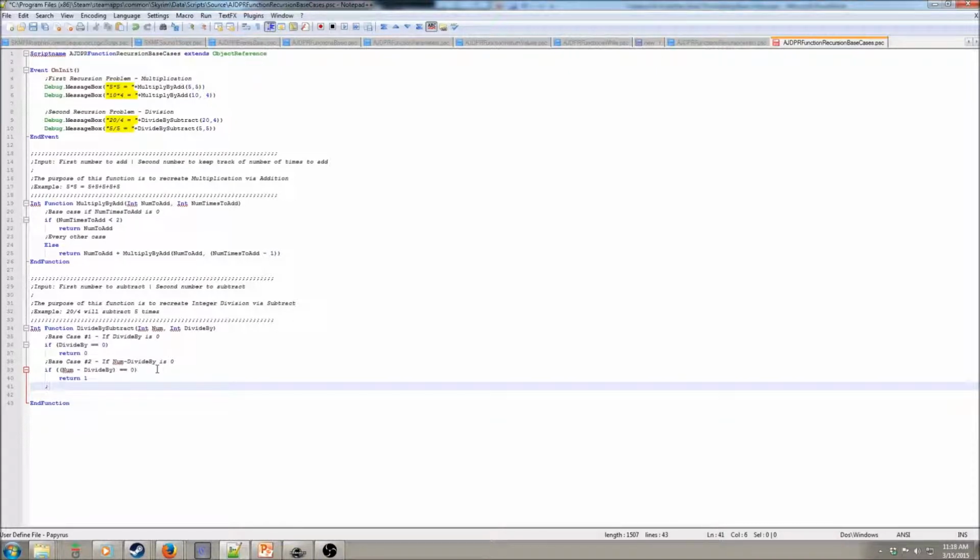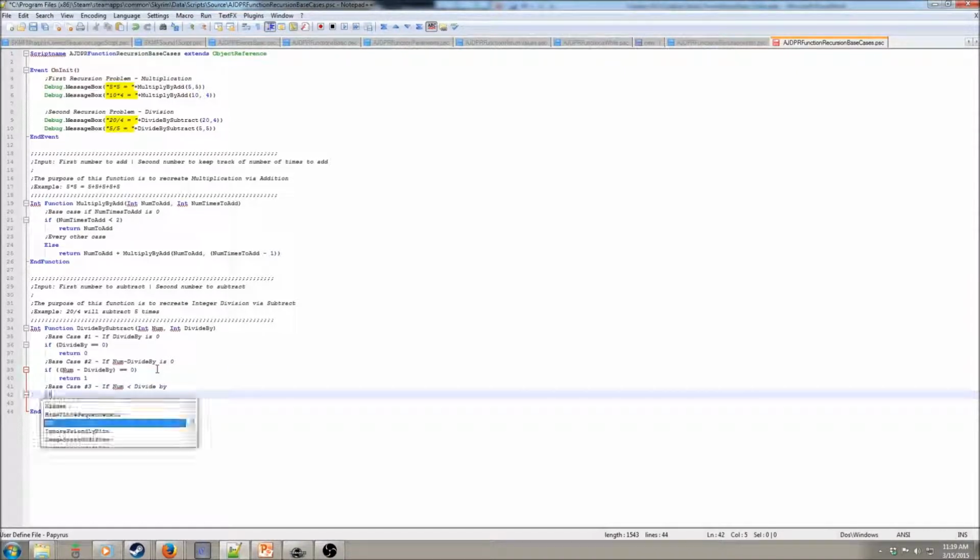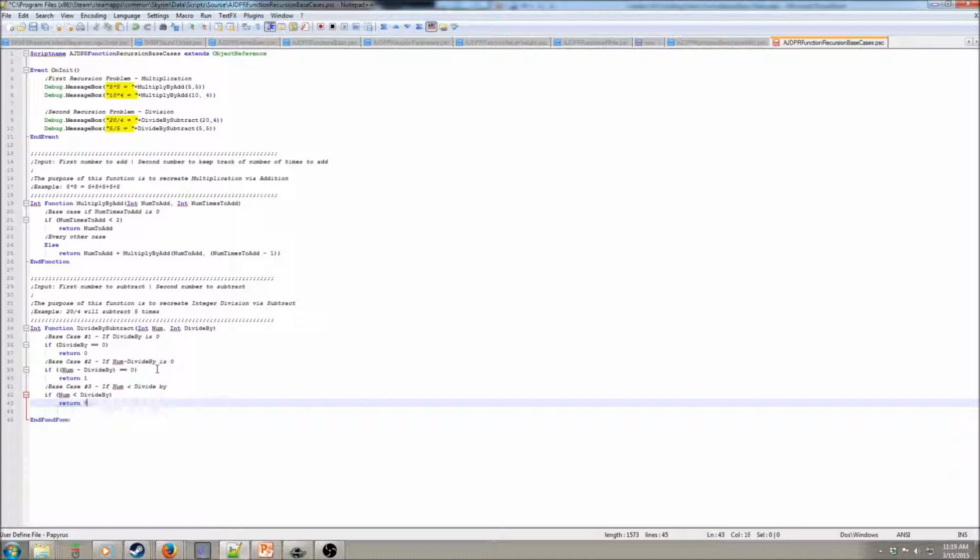Let's do our base case number 3. If num is less than divide by, return 0.